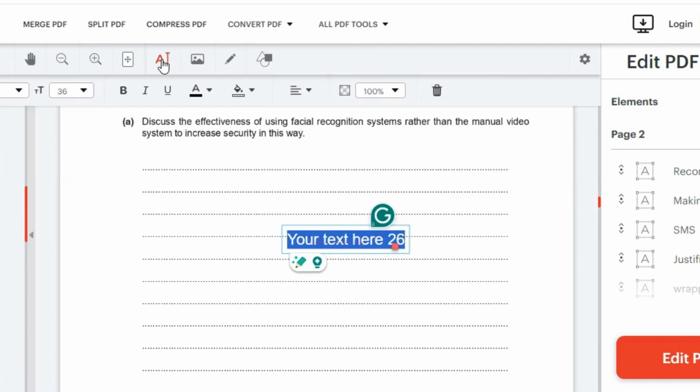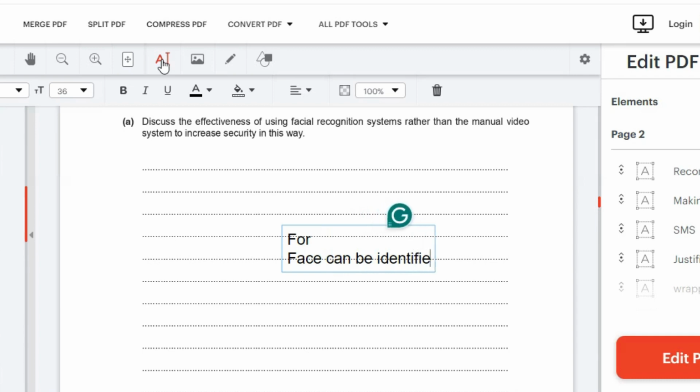So, what's the effectiveness of using facial recognition compared to the manual video system? Yes, that's correct. Face can be identified faster. That is for. So we are going to look at for and against, right? So under for, that is in support, or the advantage: face can be identified faster.